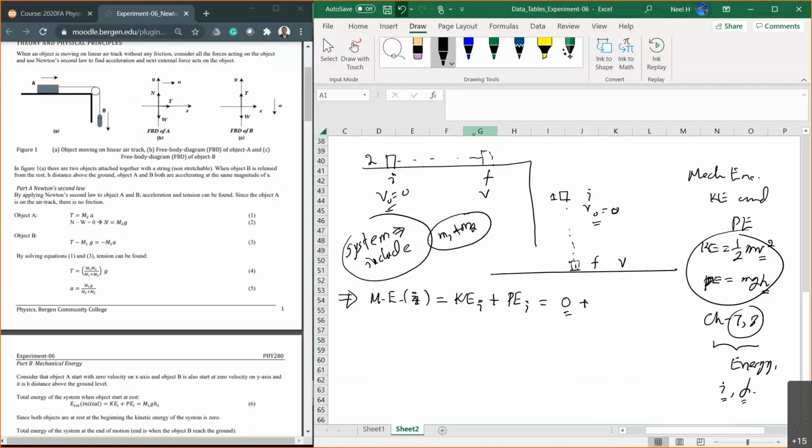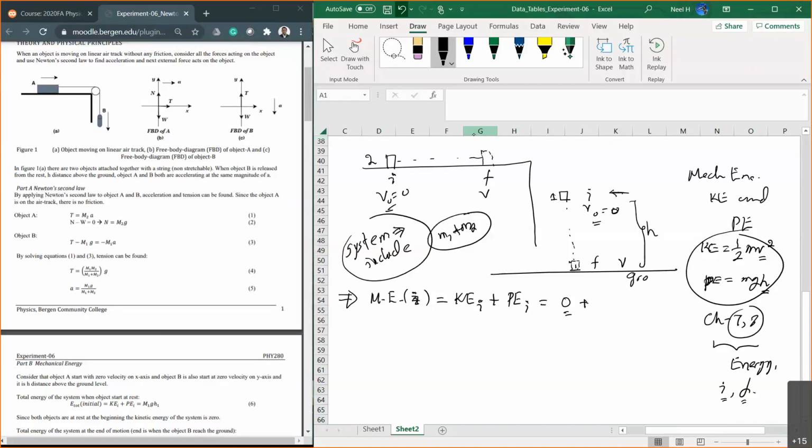So if you take a look at object 2, moving only on the horizontal plane, if there's no vertical change, the potential energy for object number 2 we can consider not changing at all. However, object number 1 started here, h distance above the ground, and then finally reaches the ground level.